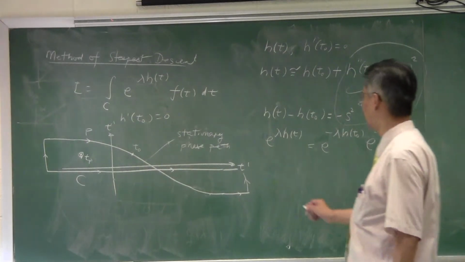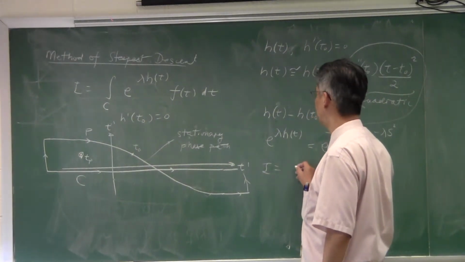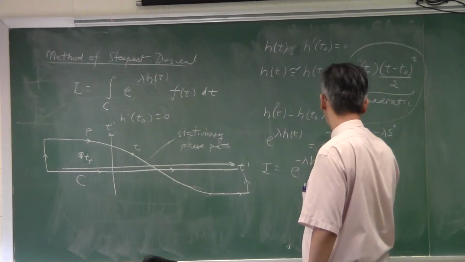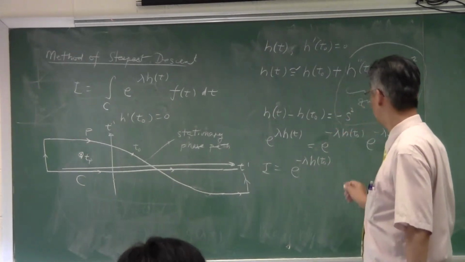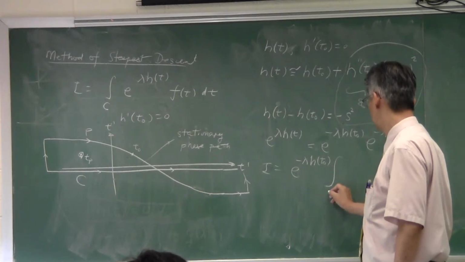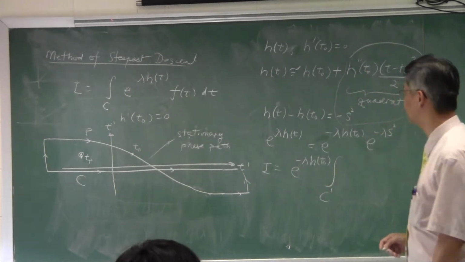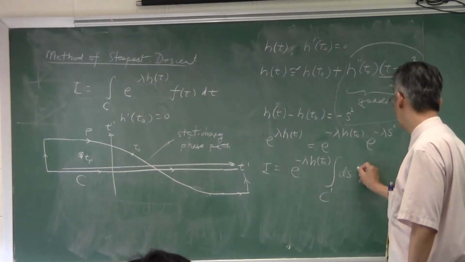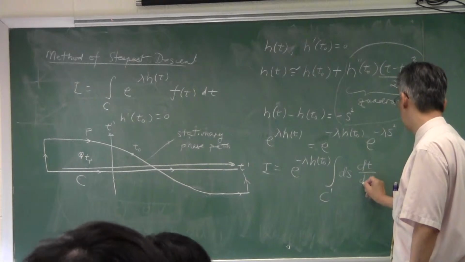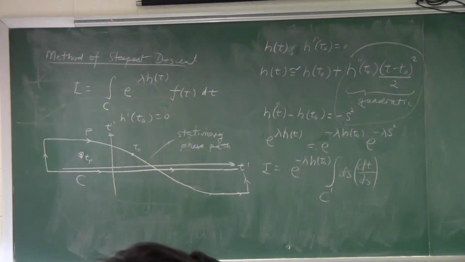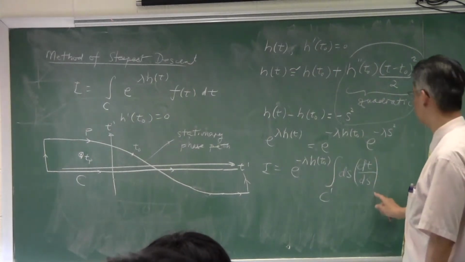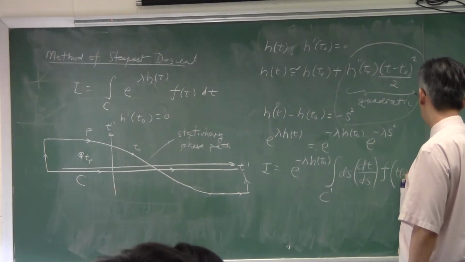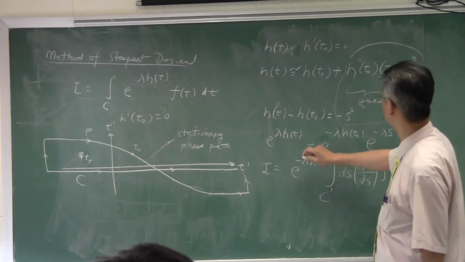And then my I would be equal to, there's no approximation we make at this point, everything is precise and exact. And then over a new contour C prime that I do not know as yet, and then dt/ds, ds. Because I did a change of variables, I have to have a new Jacobian. And then f of t, t can be made a function of s now. We have this equation.